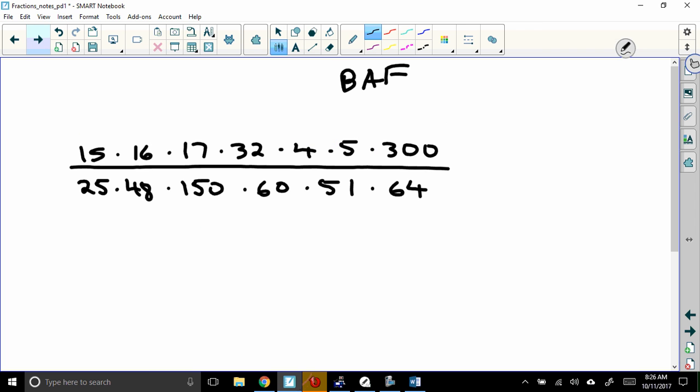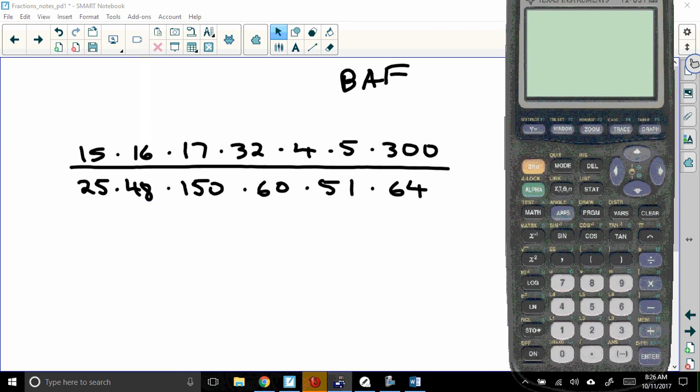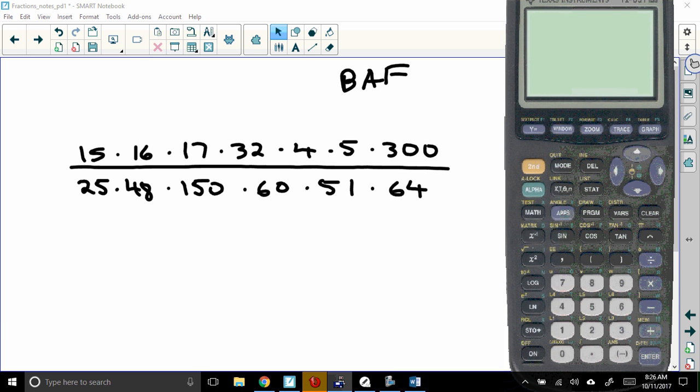So this example, oh my. Nothing this morning is working the way I was hoping it would. So I'm going to have to multiply 15 by 16 by 17 by 32 by 4 by 5 by 300. How big of a number do you think that's going to be? I think it's going to be something in the billions. Maybe I'm wrong.